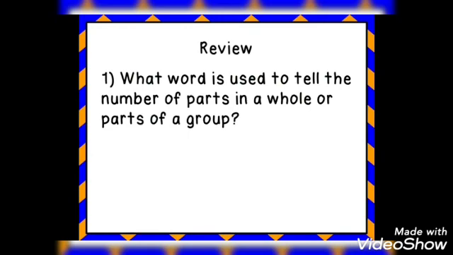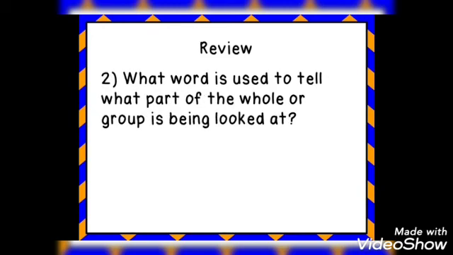Now let us review. What word is used to tell the number of parts in a whole or parts of a group? Think. So the word is fraction. A fraction tells us about this. Now another question: what word is used to tell what part of the whole or group is being looked at?